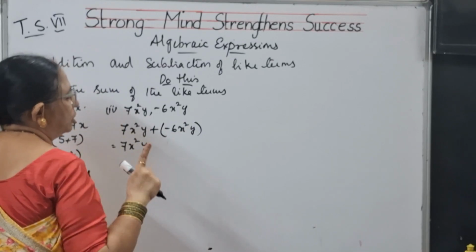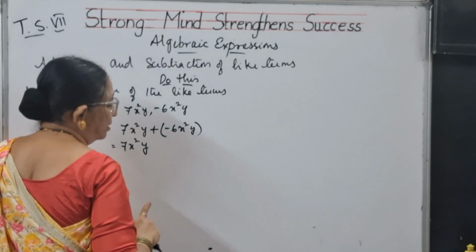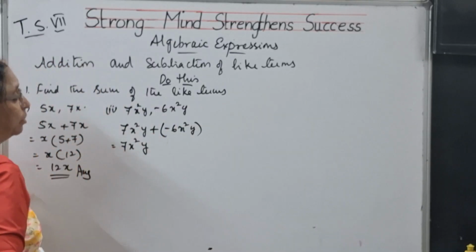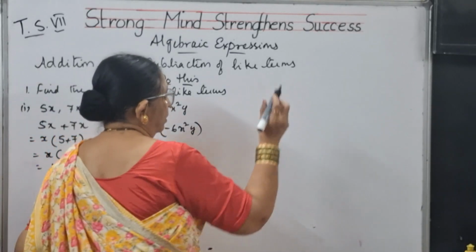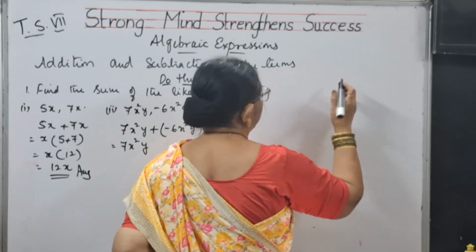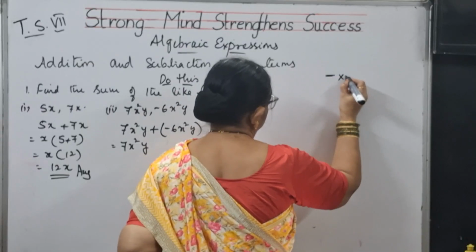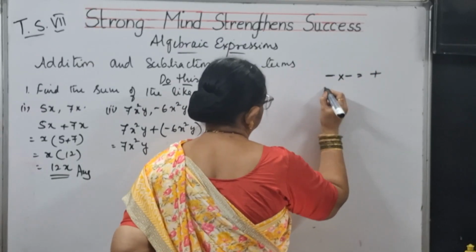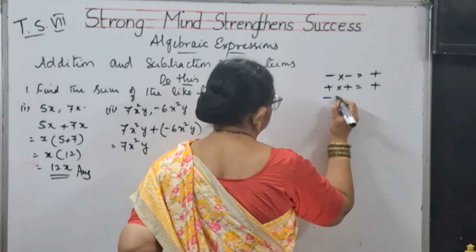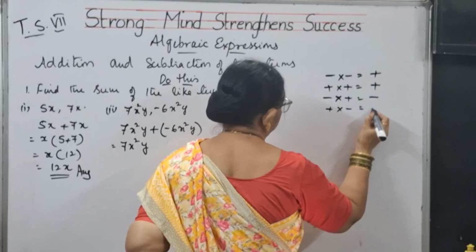That means you need to multiply the signs. Already you have learnt earlier, two different signs multiplied give minus. Just as a re-verification, I am doing it here, children, for your sake. Minus into minus will be plus, plus into plus will be plus, minus into plus will be minus, plus into minus will be minus.